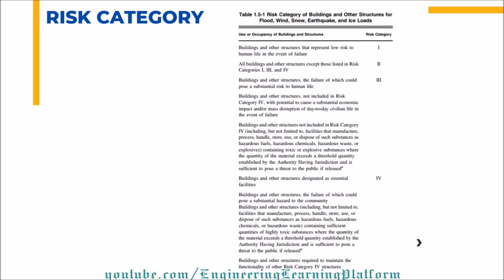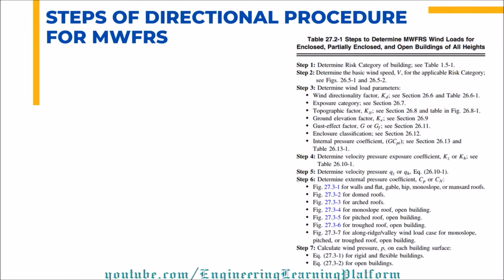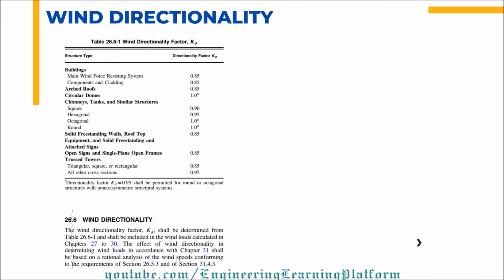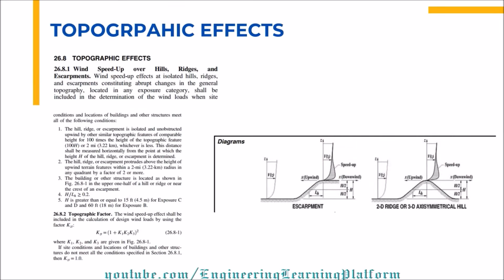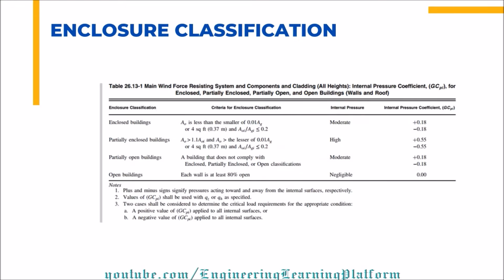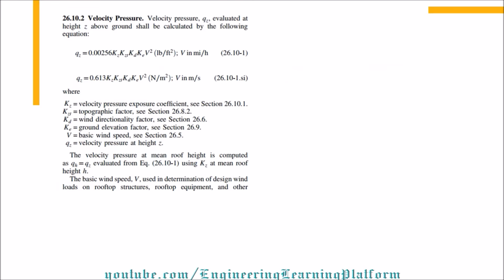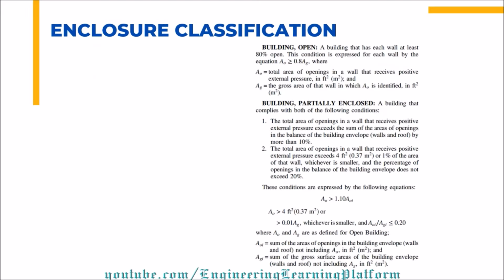The next is we have to determine the velocity pressure. Sorry, before that we have to determine the velocity pressure exposure coefficient, KZ or KH. Now as far as this KZ or KH is concerned, let's go and see.